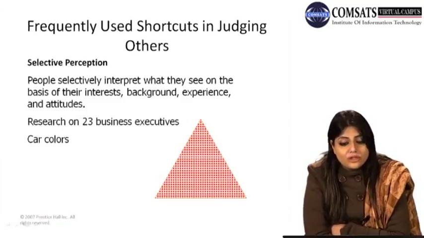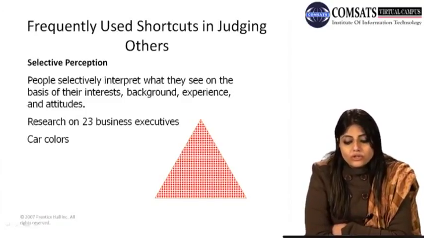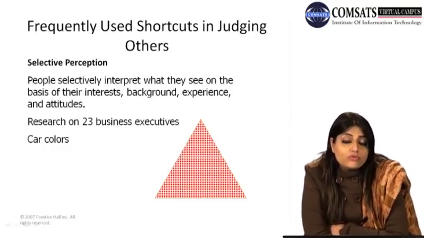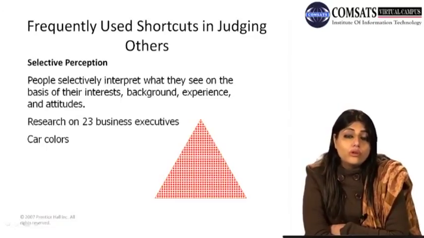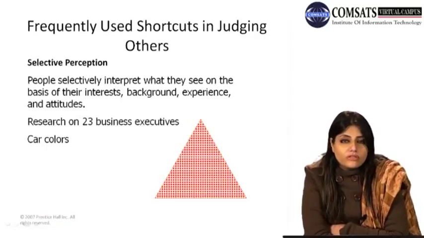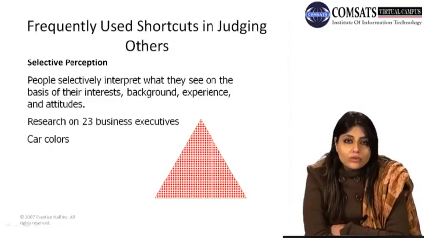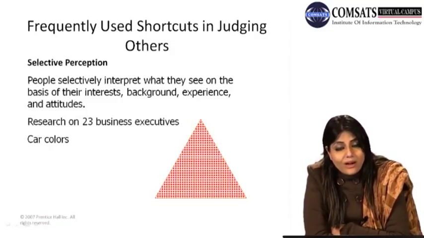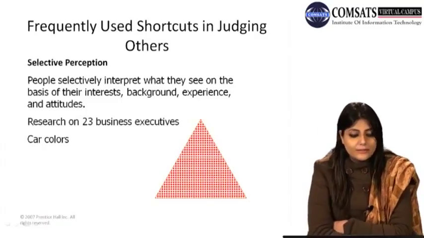So that is selective perception. Based on your background, your experience, and your interests, your attitude would be more towards that blue-colored car, and you would be more interested in it. It would be in your background and your experience, so you would observe more the cars that are blue in color.